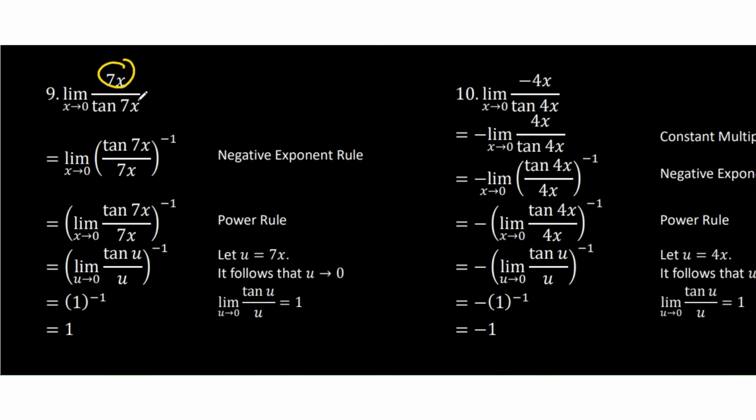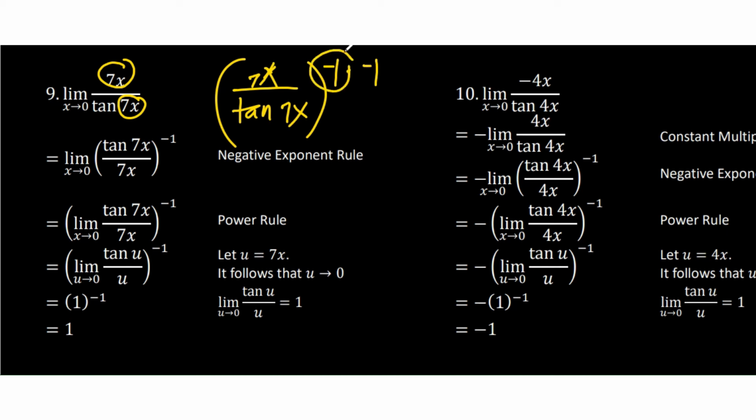Here we have 7x and 7x. So you just need again to raise that into 1. However, you need to have negative. So negative 1 times negative 1 is simply 1. Now, place negative 1 inside.